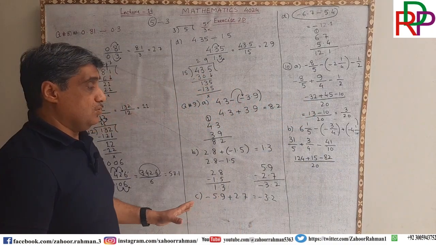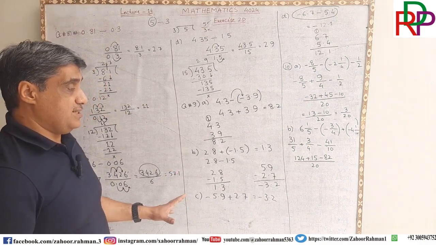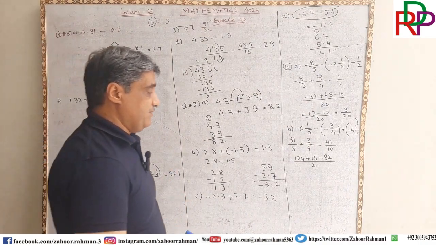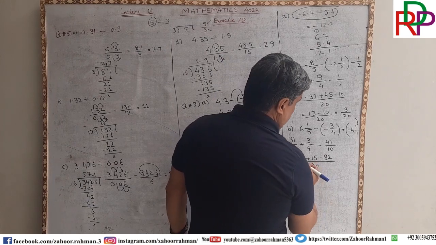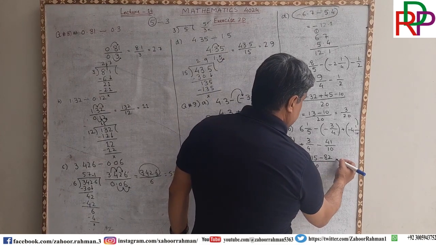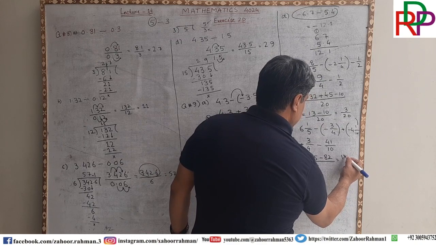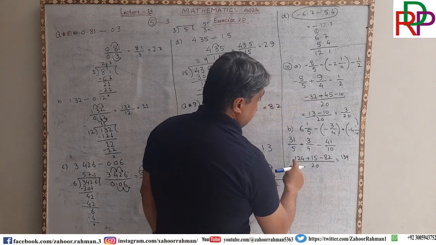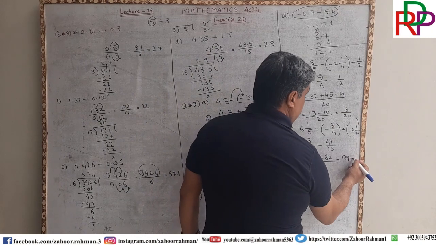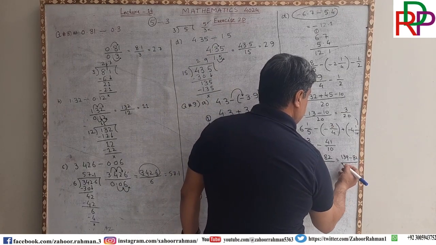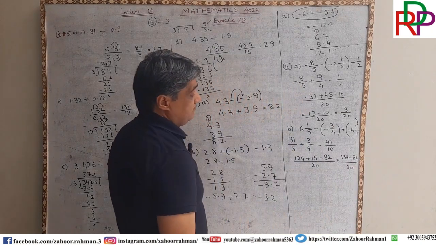And you know how it is coming. If you are not understanding, go back to previous lecture. So 124 plus 15 is equal to 139. 139 minus 82 divided by 20.